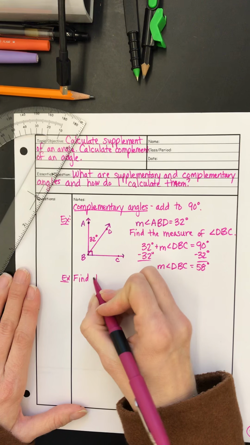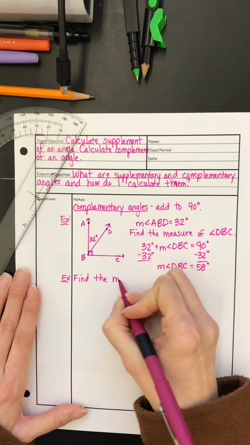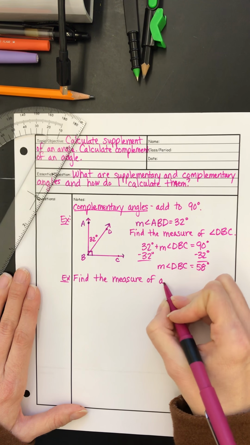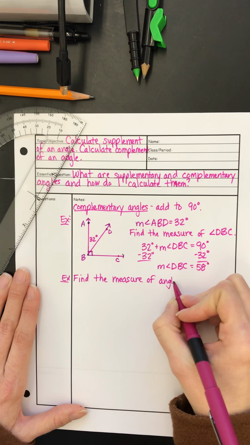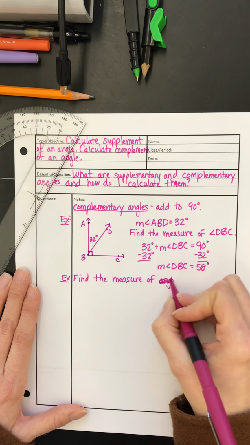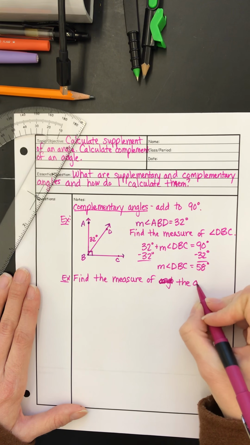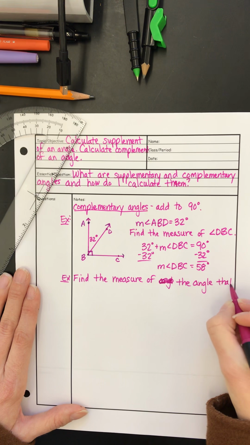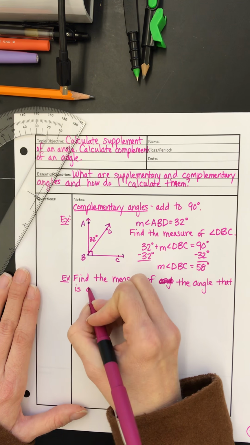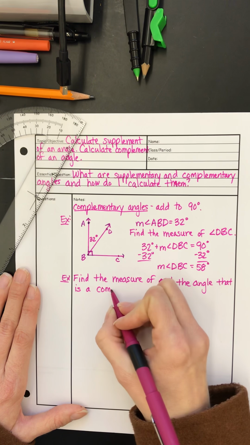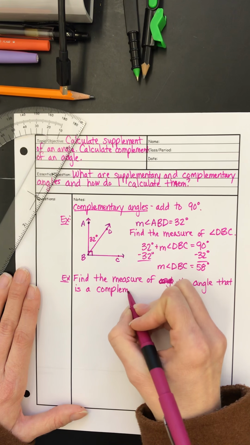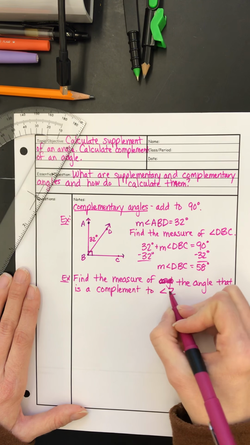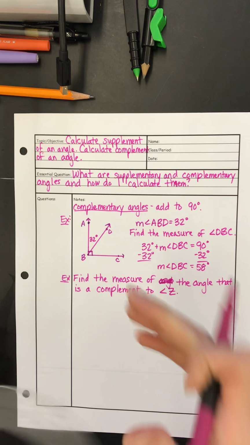We're going to find the measure of the angle that is a complement to angle Z. Let's assume that we have this angle.